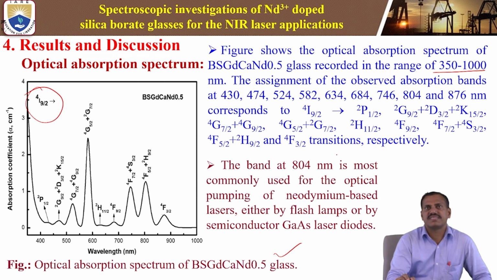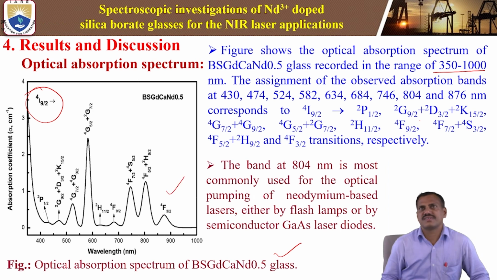These are the transitions from the ground state 4I9/2 to different excited states, that is 2P1/2, 2G9/2 and so on, and finally the 4F3/2 transitions.